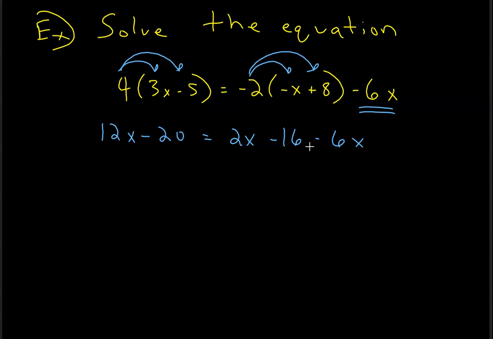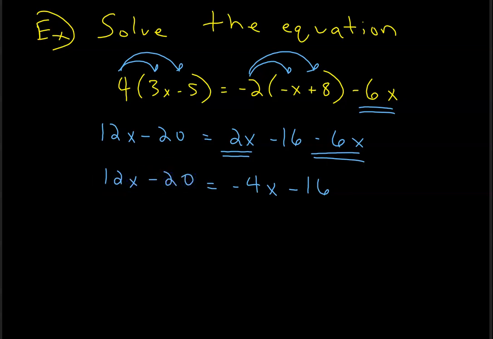All right, so from there, we're going to start combining like terms. Here, I have a 2x on this side and a negative 6x, and they're both on the same side of the equal sign, so I can combine them. That now becomes negative 4x subtract 16. And on the right side it is still 12x subtract 20.